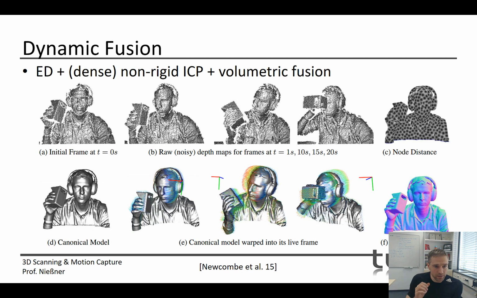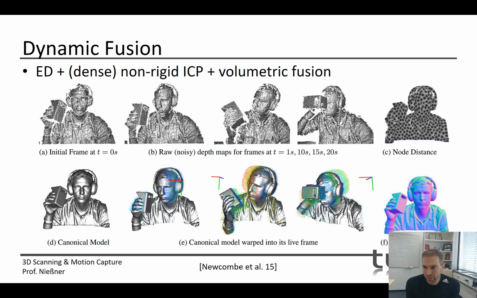So, a few details here. This is essentially used for the template warping between two frames for the non-rigid ICP. They're essentially using an embedded deformation regularizer. They're using a regular volumetric grid that is just large enough to capture a single person.